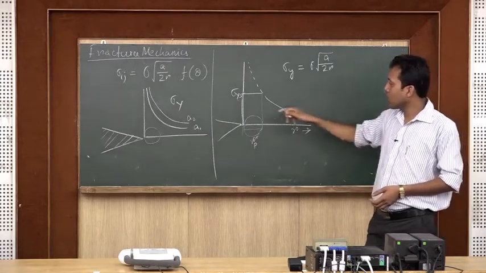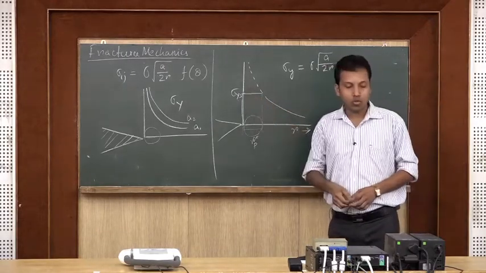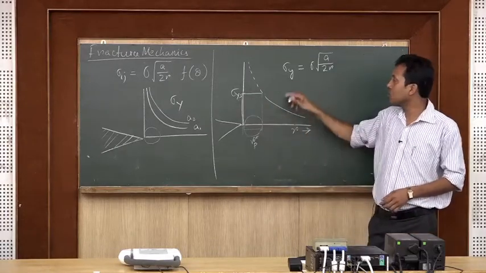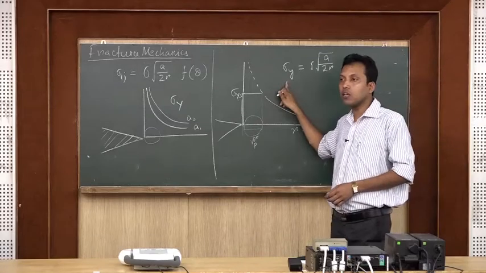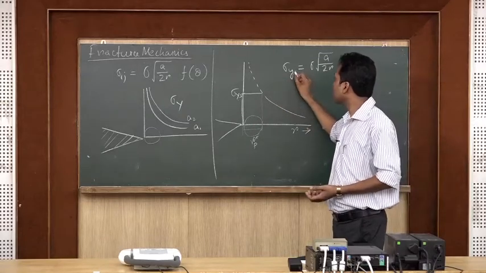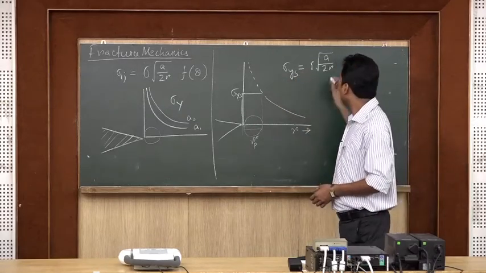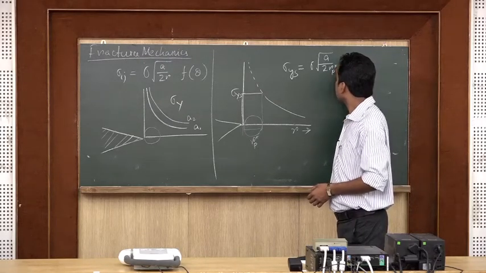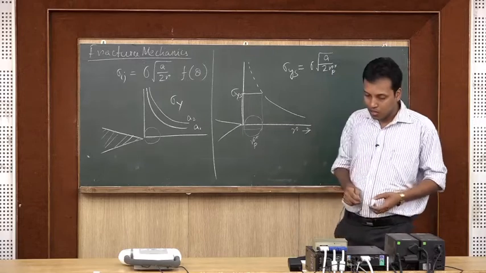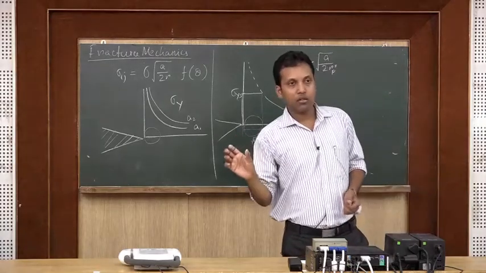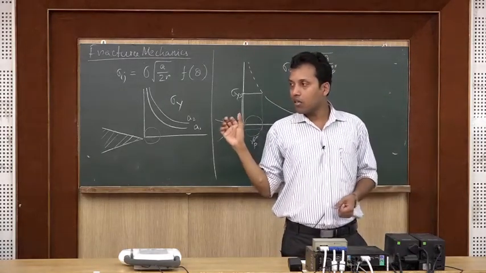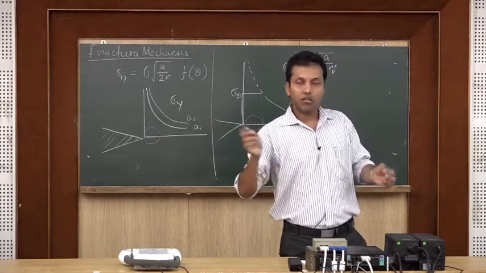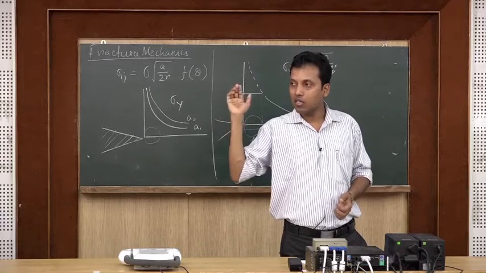Now, when that condition of plastic zone we apply here, then instead of sigma y, I can write it is sigma ys, and instead of r, I can write rp star that we have considered. So, up to that particular distance, that sigma value equal to sigma ys, and the distance r we are considering as rp star.